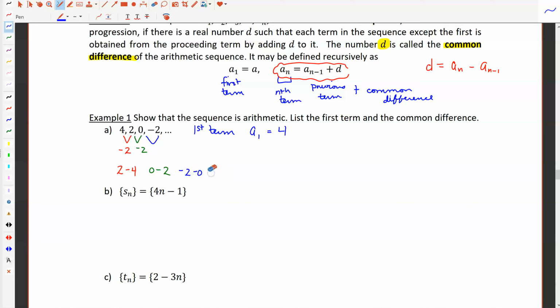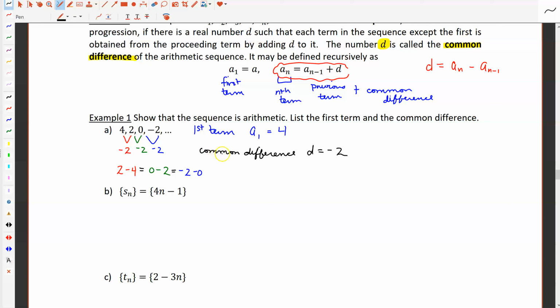So we're seeing here that it doesn't matter which pair of successive terms I grab and subtract, I'm always getting that set number. So for this problem, my common difference, which I can use D to represent, is going to be negative 2. In this case, the thing that I'm doing to get from one term to the next is subtracting that set number, but when we talk about the common difference, we always talk about it in terms of an adding relationship.